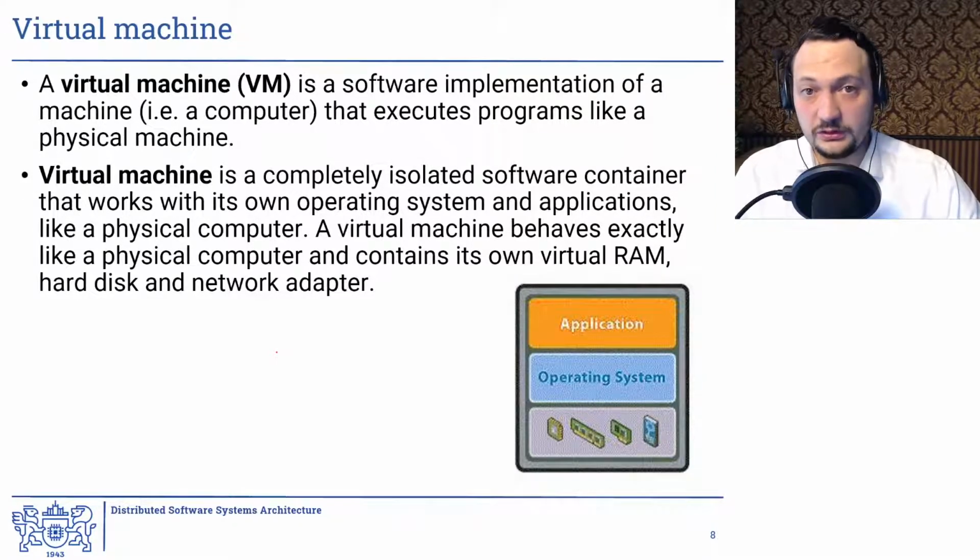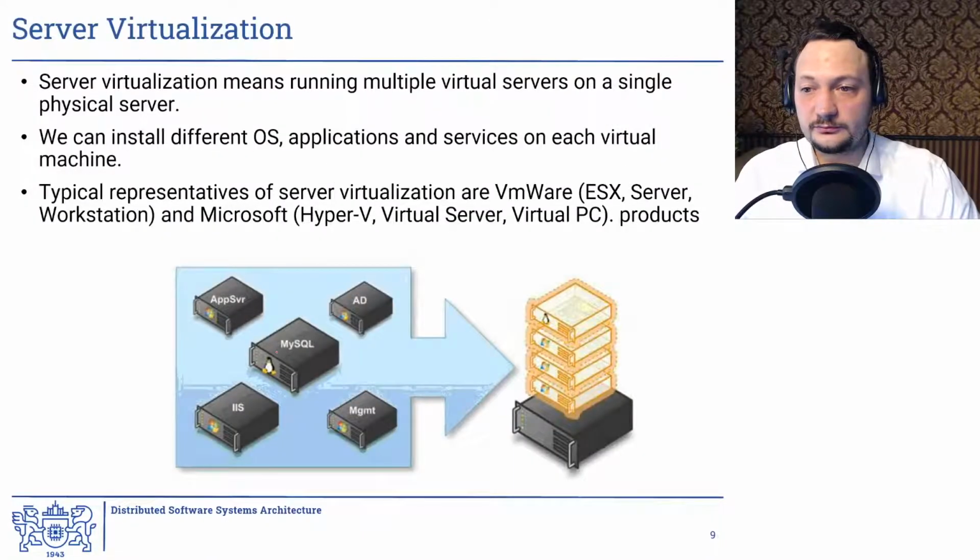Like a physical computer, a virtual machine behaves exactly like a physical computer and contains all its virtual RAM, virtual hard disk, virtual network adapter, virtual CPUs, and all other stuff. But in reality, it is a virtual machine, not a physical computer.